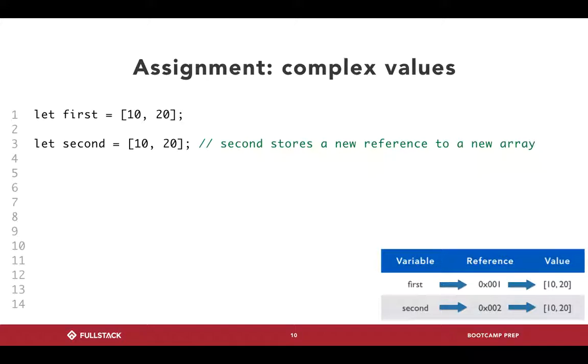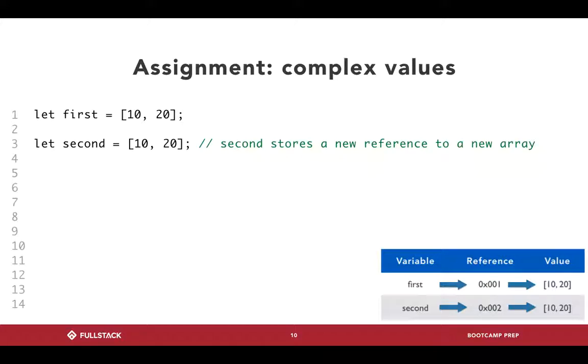Here, on line 1 versus line 3, notice how we're creating two variables, one's called first, one's called second, right? And we're setting them equal to the same value, but are these two things connected in any way? They're not, right? They have the same value, yes, but each value lives in a different reference, in a different address, if you will.